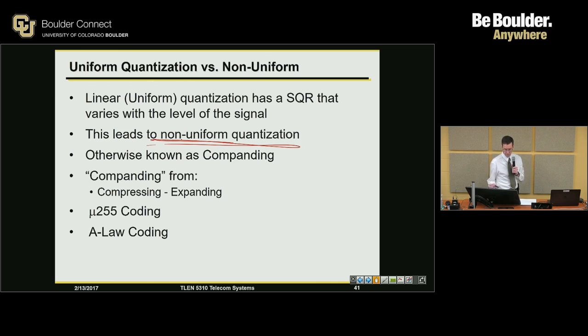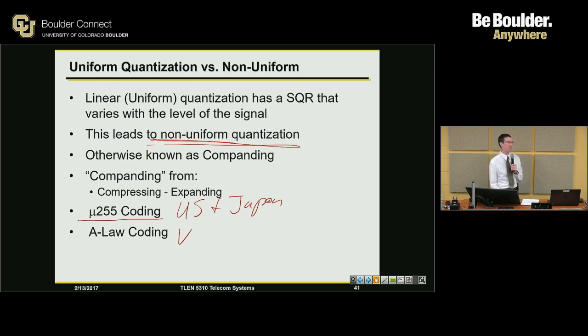And then in the telephone network, the companding that we use is called mu-law, or mu-255 coding, and that's used in the U.S. and Japan, but not in Venezuela. In Venezuela, they would use A-law. So what that means is that the people in Venezuela are special.